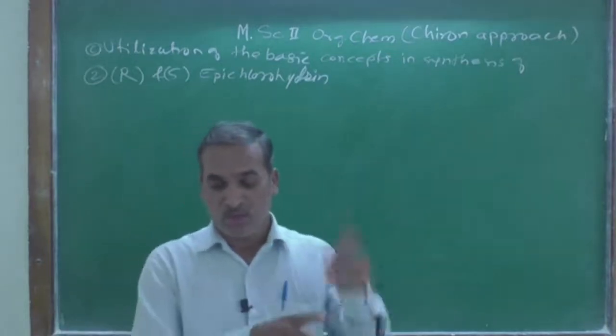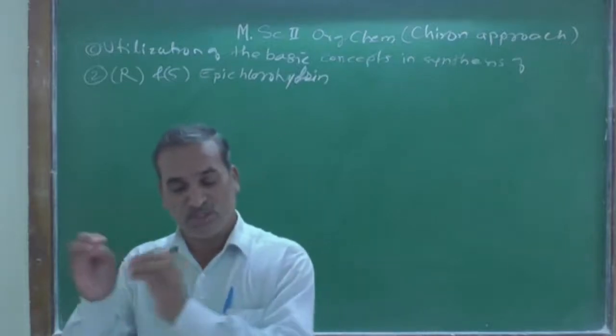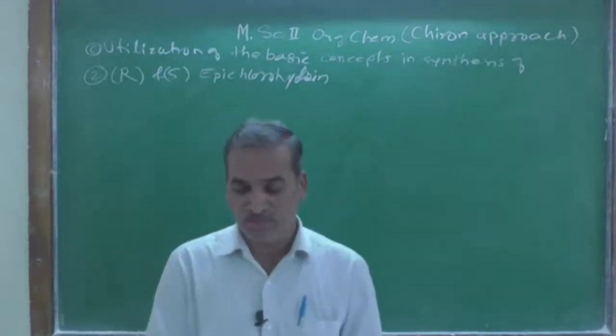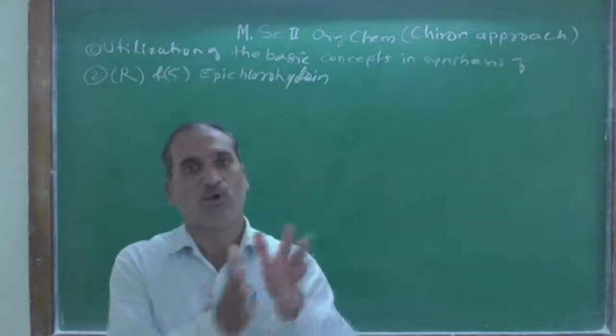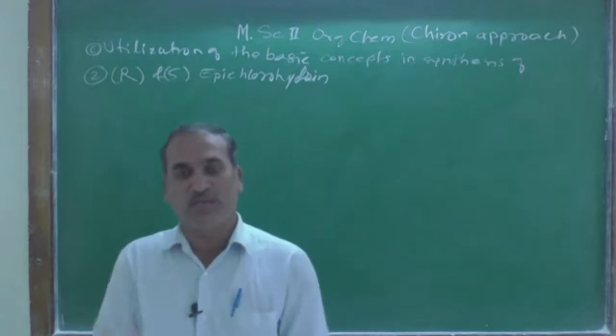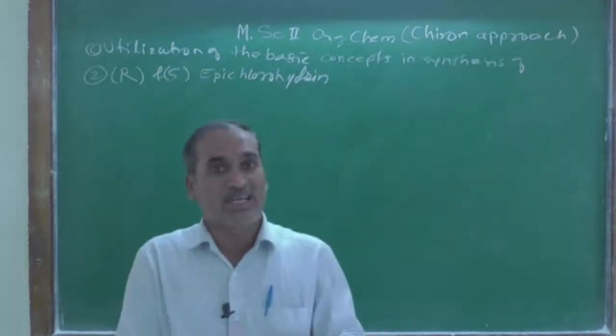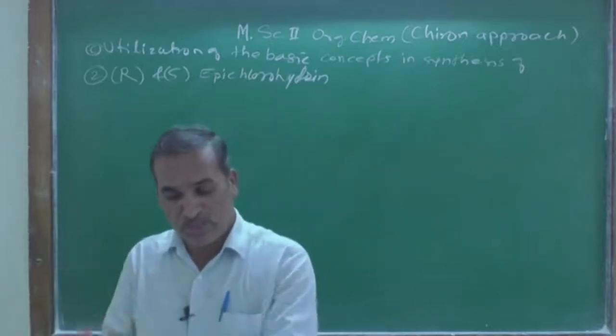What are the things we have seen there? First one is the protection of the OH, that is one of the very good steps involved in those syntheses. And then oxidative cleavage by lead tetraacetate, that is another important step you should remember.